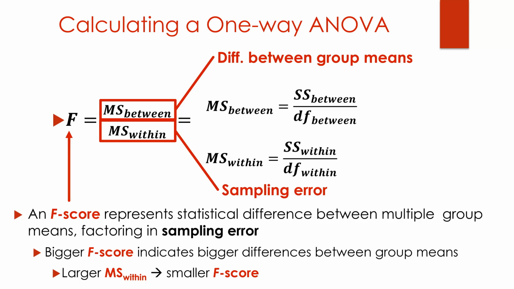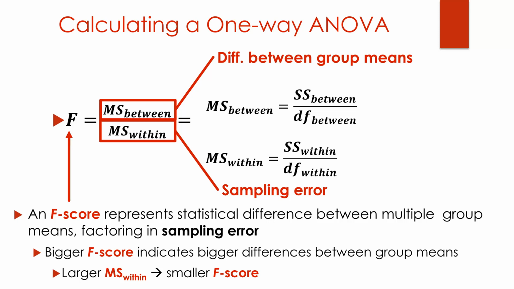So we want the differences to be what they are with minimal sampling error. Okay. So a larger F-score is due to a small amount of sampling error with larger differences between your groups. And that is essentially how you do the one-way ANOVA.